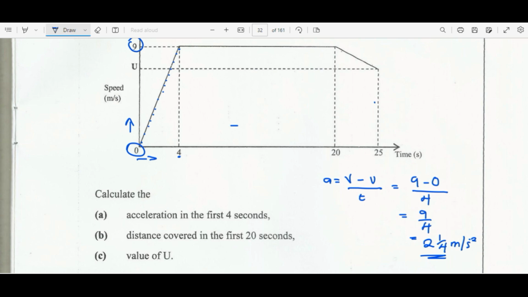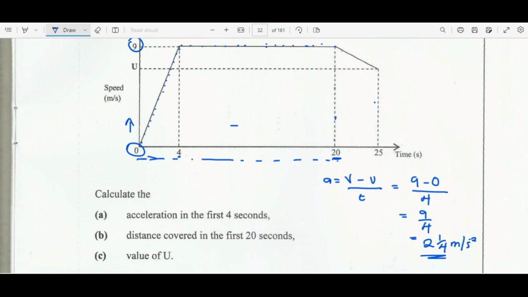And then the second question is the distance covered in the first 20 seconds. So where is the 20 seconds? Here. So this is the distance that we are looking at, covered in 20 seconds.